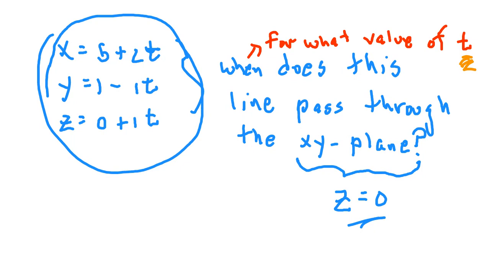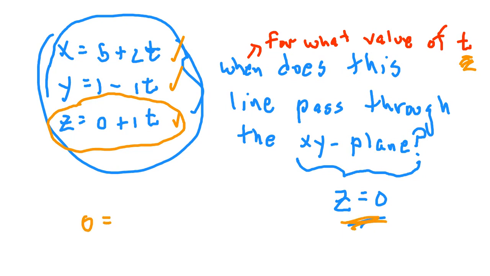To figure out the value of t, we have to focus on the equations that have t in them. That's right, Alberto. T equals 0, because based on the third equation, z equals 0 plus 1t. If 0 equals 0 plus 1 times t, this means that t must equal 0.